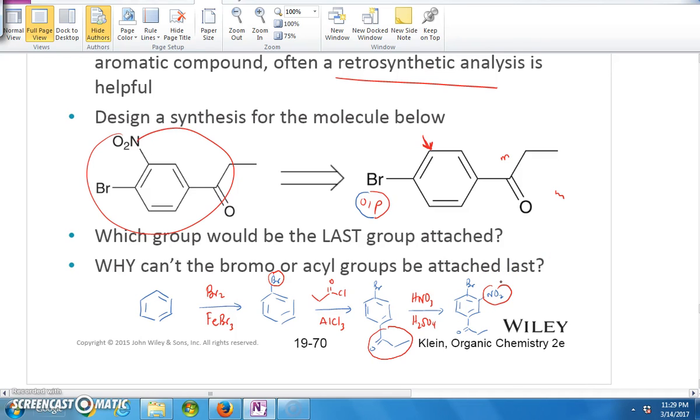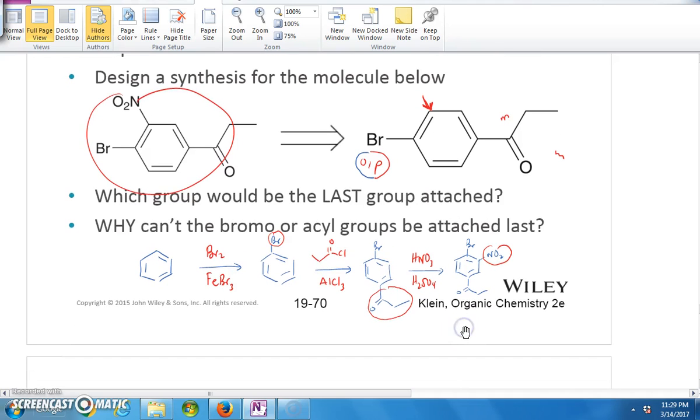Remember, we said that for Friedel-Crafts acylation, there is no reaction for strong and moderate deactivators.